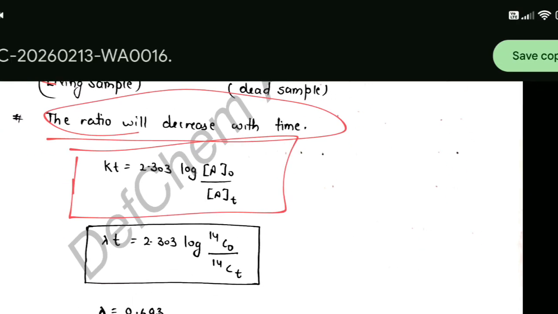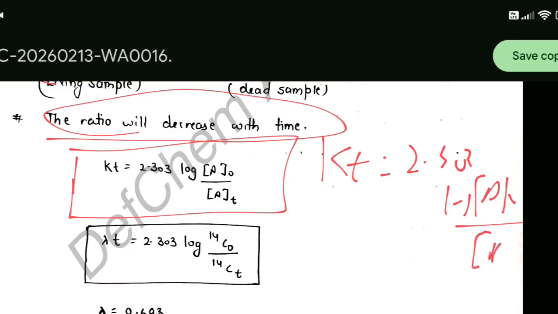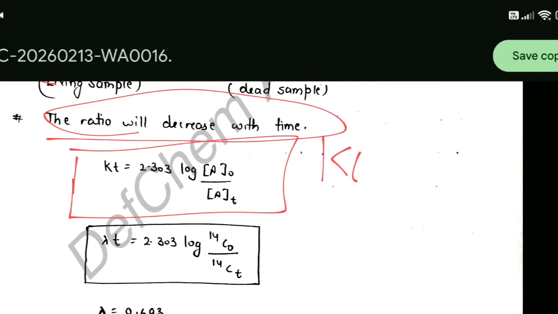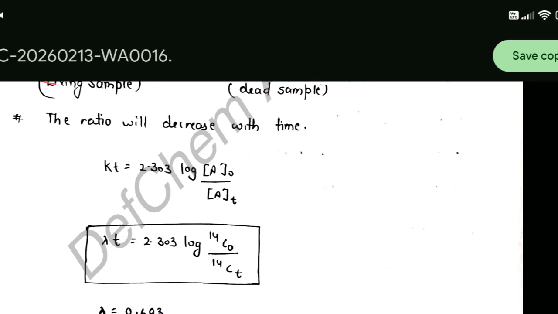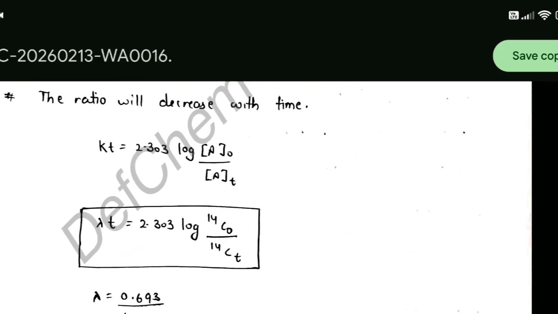the formula for half-life or time, if you want to find out the time, because it is a first order reaction, kt is equal to 2.303 log a naught by at, initial by at time t. This is for a first order reaction, because all reactions which occur in this phenomenon of carbon dating are first order reactions.